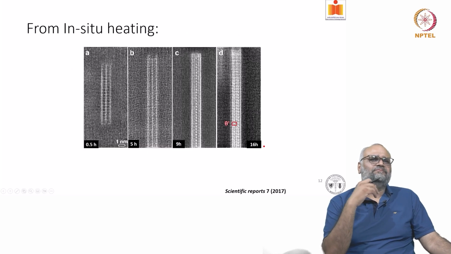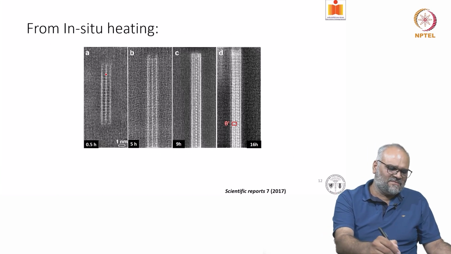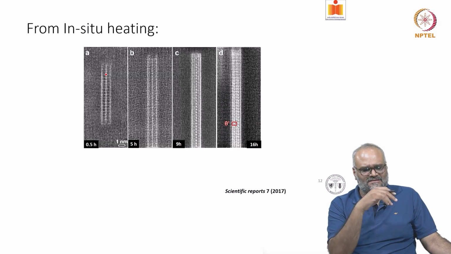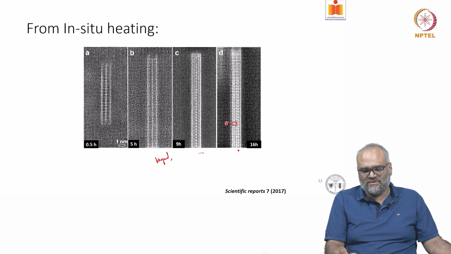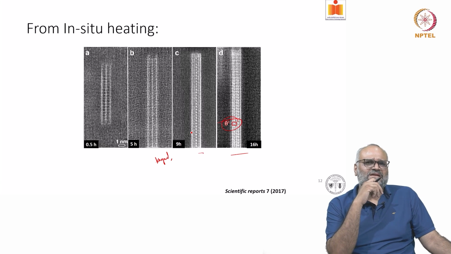And if you see, at about half an hour, you see precipitates which are growing like layers like this, and after about 5 hours it grows even further, and at this early stages this has a crystal structure which is more or less like tetragonal, and as you age further it starts forming something called as theta prime, which is an intermediate precipitate.